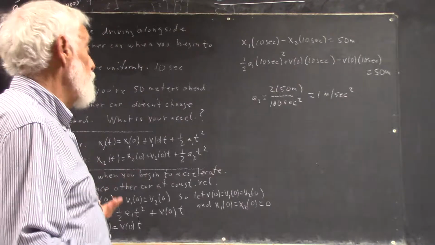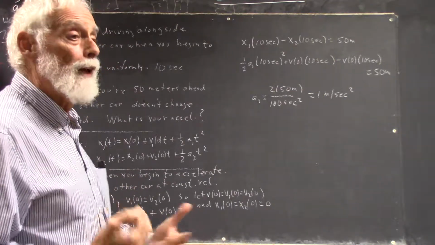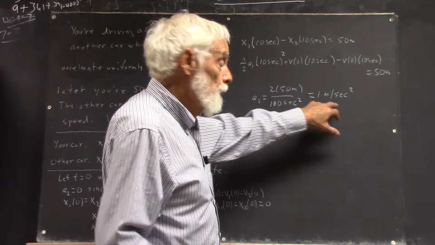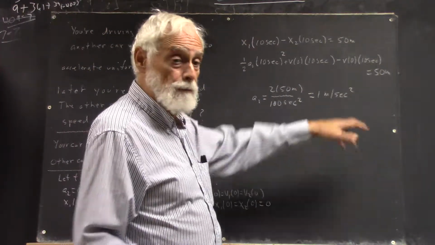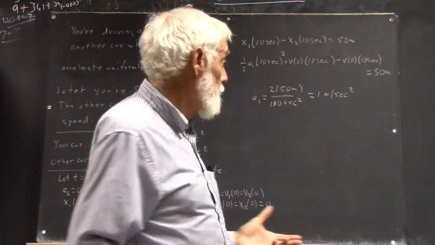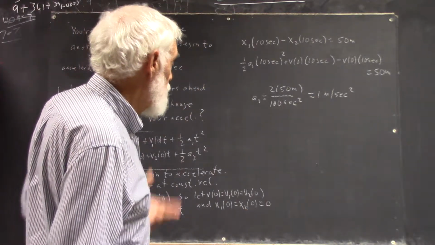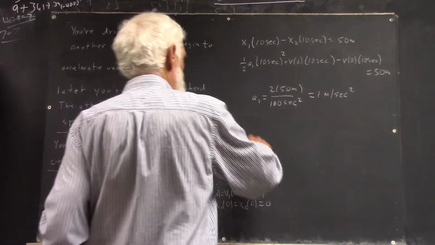Now you could then go on and ask how much faster are you going than the other car. Once you determine this acceleration, it's easy to figure out how much faster you're going. I'll kind of outline it.